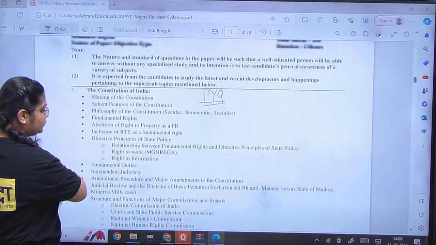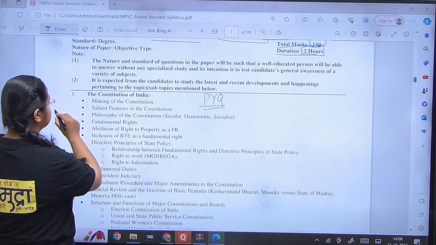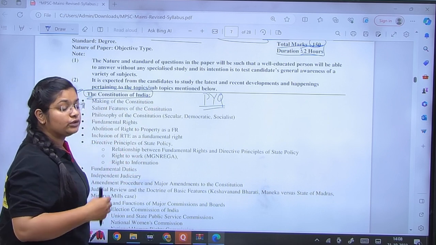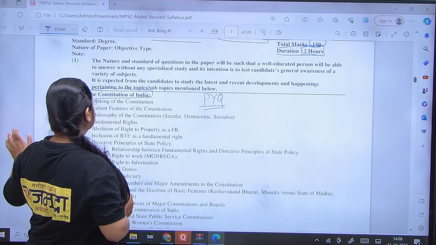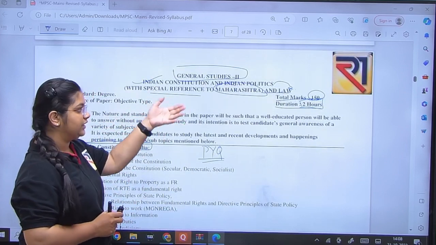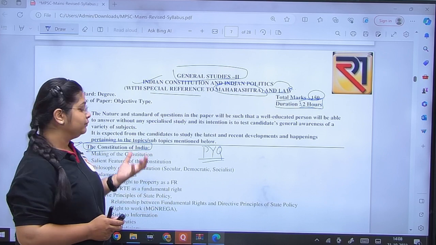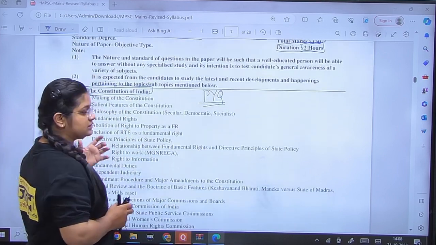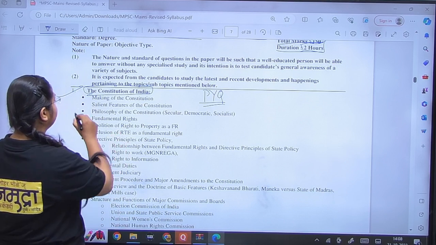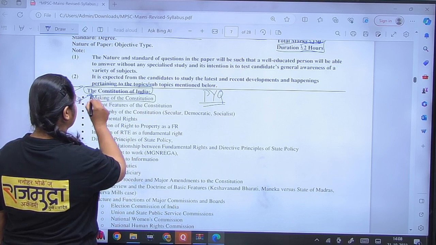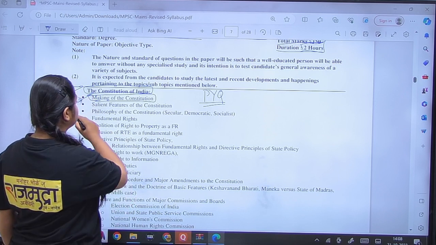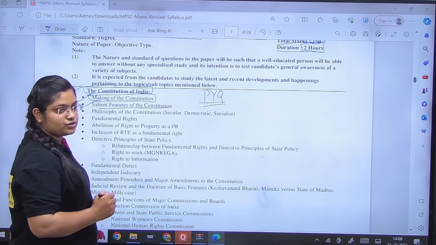The first point is the Constitution of India. What are we going to learn in GS paper 2, Indian Constitution and Indian Politics? The first aspect is the Constitution of India: the making of the Constitution, how our Constitution was made, then the salient features of the Constitution.